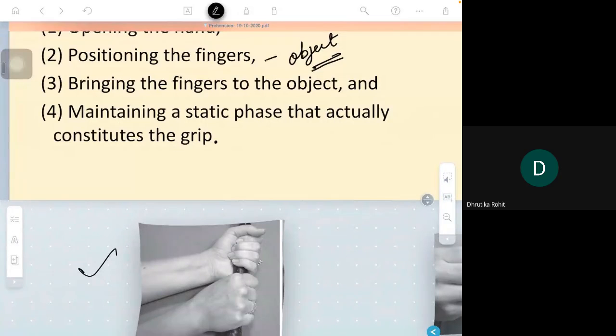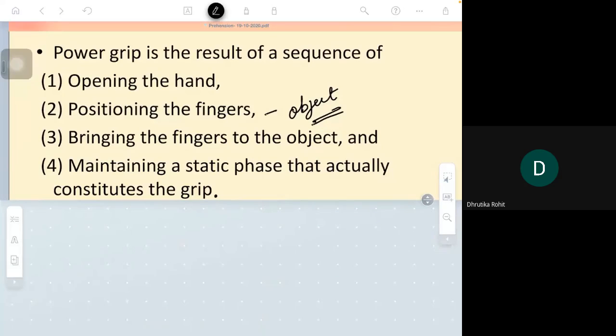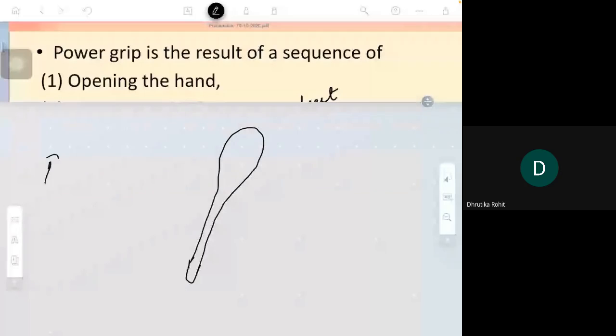Clear? So it has 4 sequences or 4 phases. Imagine this is the object. First phase, you will open your hand, and second, you will position your fingers.